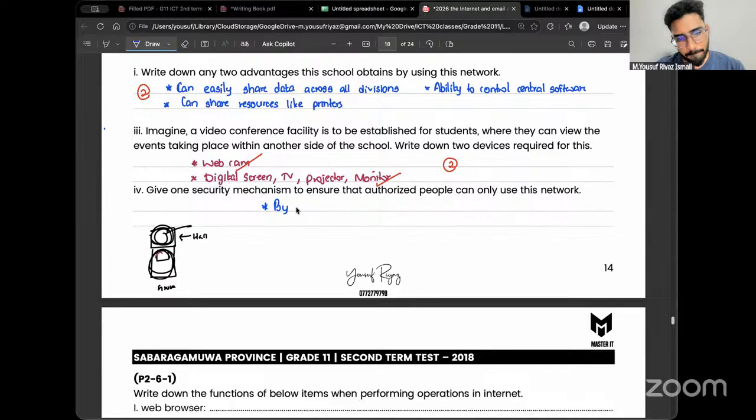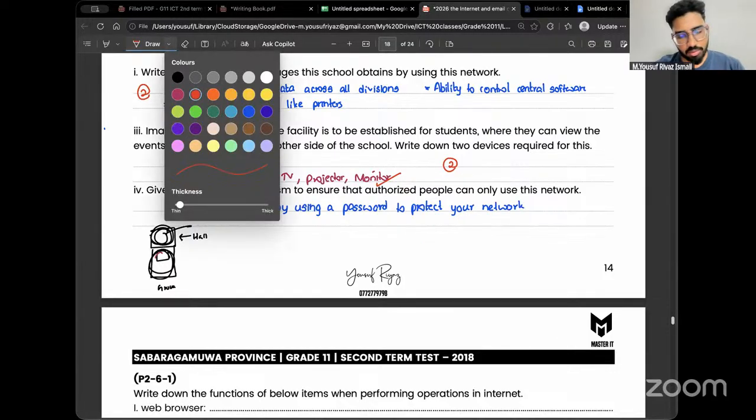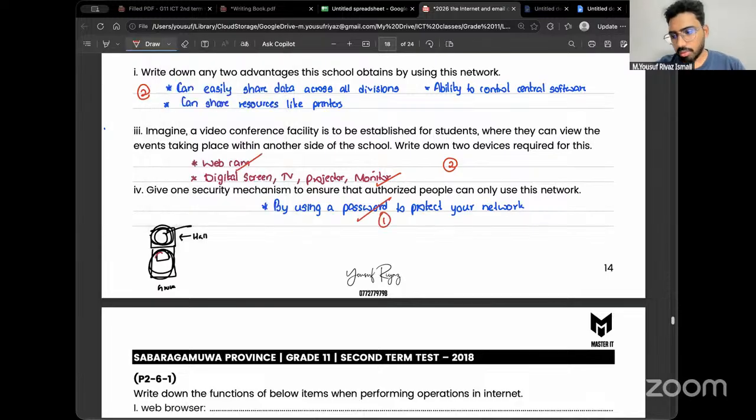By using a password to protect your network or to access it. If you have used the word password, give one mark there. Using a password which is only provided for authorized people, correct.